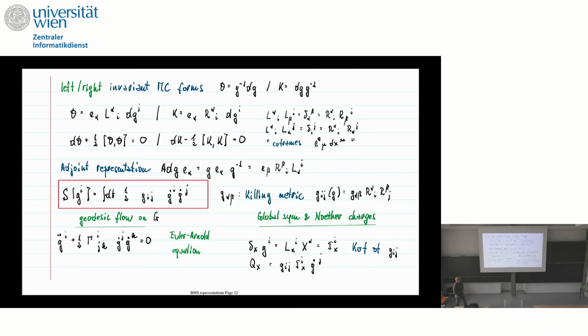And then you can also check that in this language, the right invariance becomes, as I told you, the generators for right invariance are the left invariant vector fields. And of course, then you check that these left invariant vector fields are really Killing vectors of this metric, and you get the Noether currents in this language without having to compute. Is it clear?